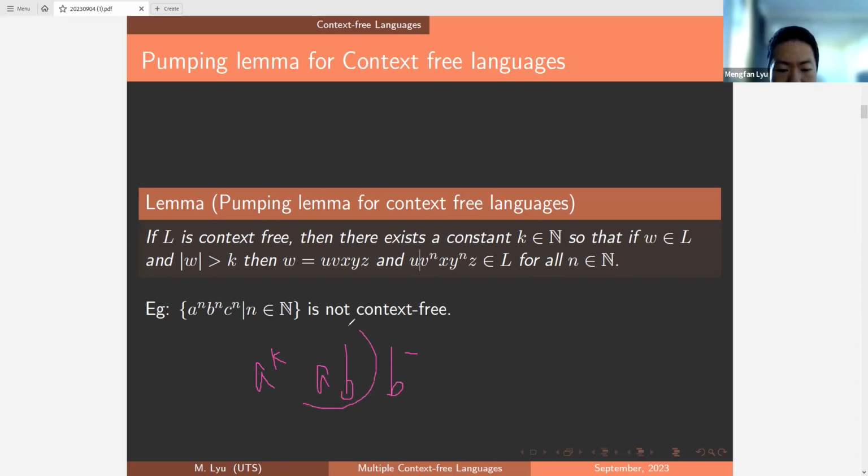If we pump this part, we will get A B A B when n equals 2. Then it is no longer in this language, because in this language, we do not have ABAB or BAB like this. So this pumping lemma can be used to show that some languages are not context-free.